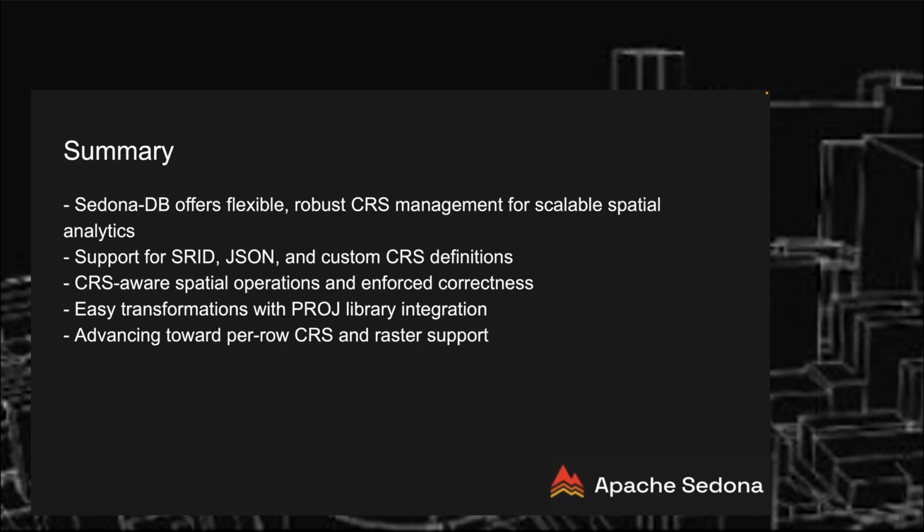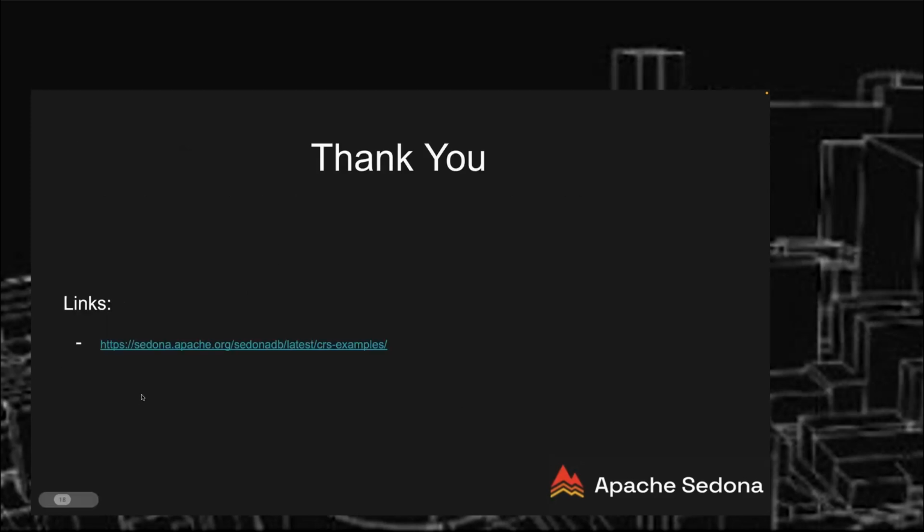And we're advancing towards even more powerful features like per-row CRS and raster support. So Sedona takes the complexity out of coordinate systems while ensuring your spatial analysis is accurate and reliable. And there's a link to some examples in our blog.